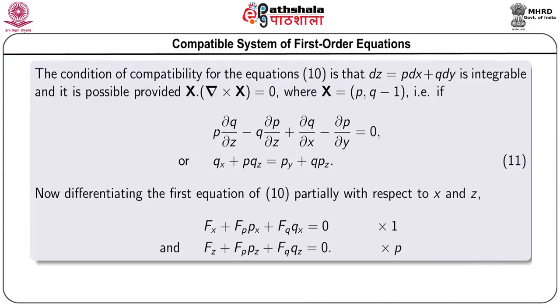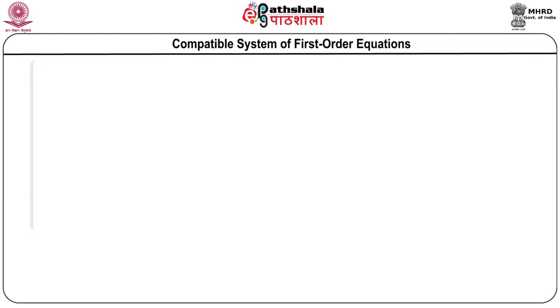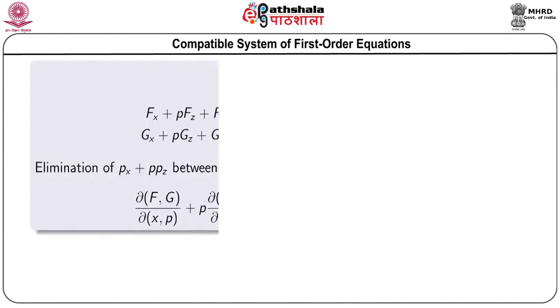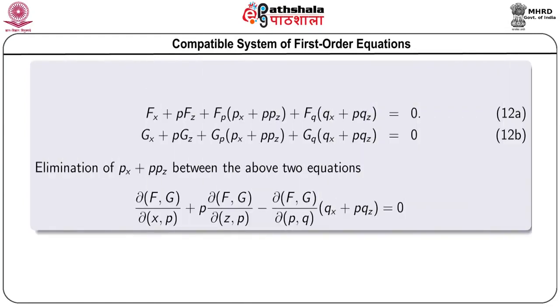Now, multiplying the first equation by 1 and the second equation by P, and then adding those two equations, we get the relation which is written in 14a. Similarly, differentiating the function capital G with respect to x and z, in the similar way we can find a relation which is written in 14b.